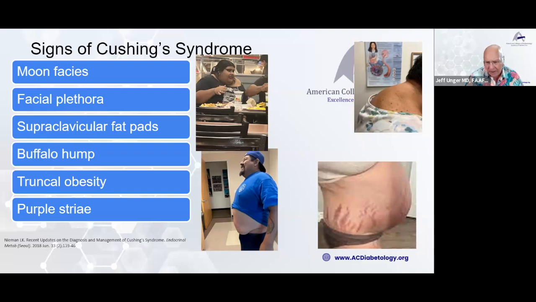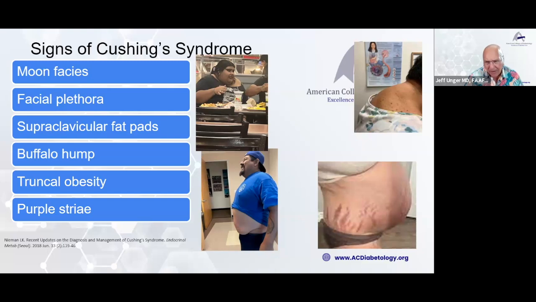They can be overweight, obviously, but look at those striae, the bottom right. When I see this, I get really excited because this means that this is not due to pregnancy. This is due to hypercortisolism. And then you can look at the neck and feel around the supraclavicular areas. This is fat. How do the people get this? This is the long-acting effect of hypercortisolism.